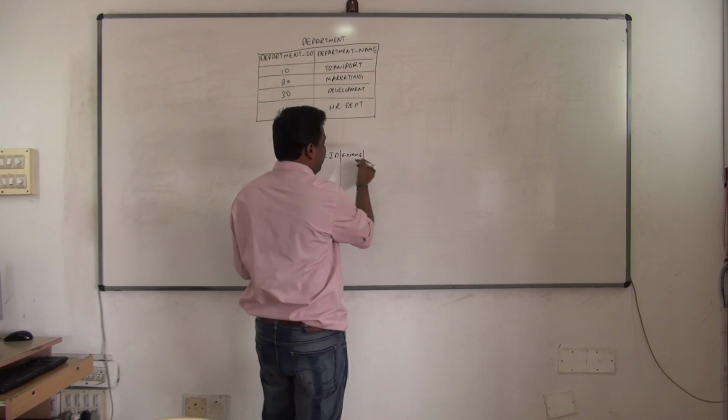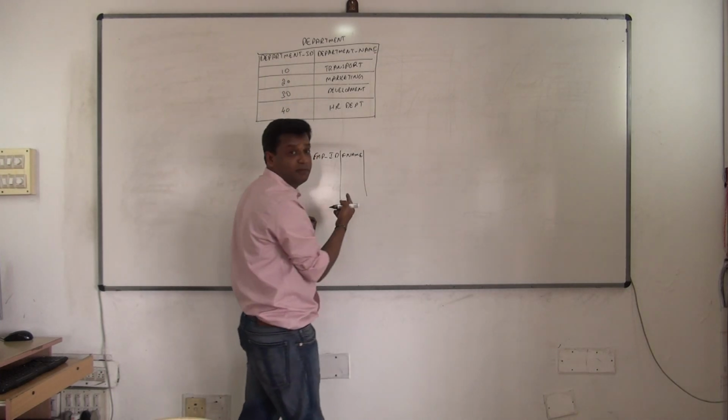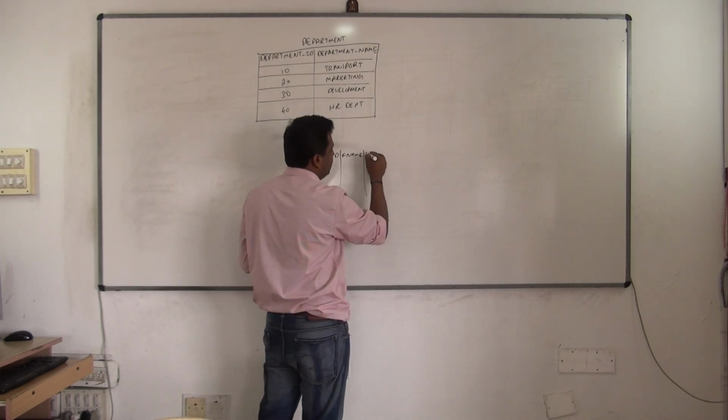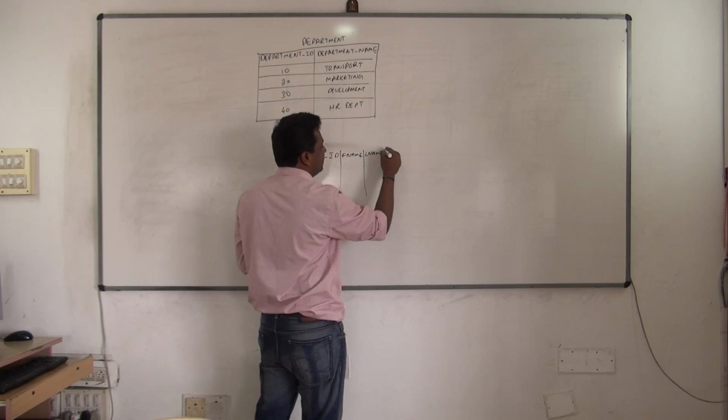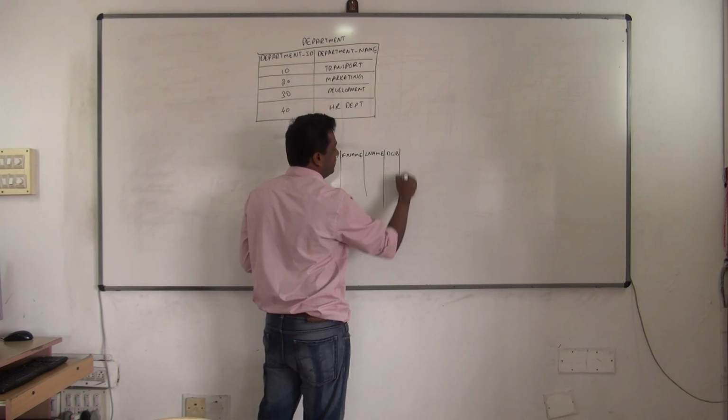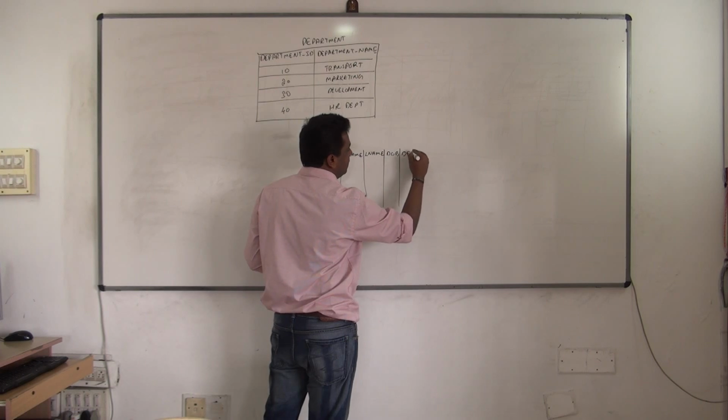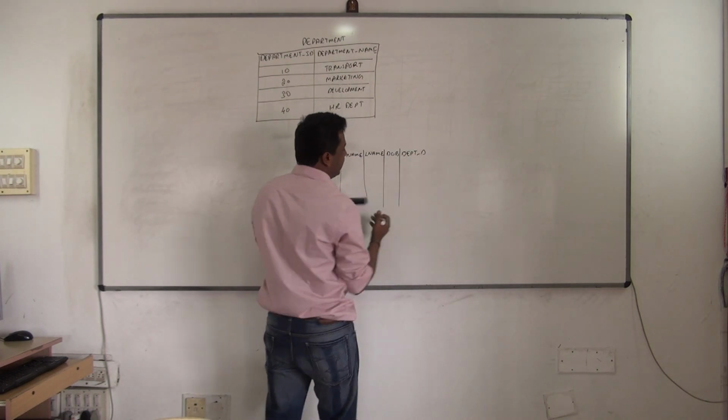I'll write F name, meaning first name. You write it fully. Last name, date of birth, then what? Department_ID.